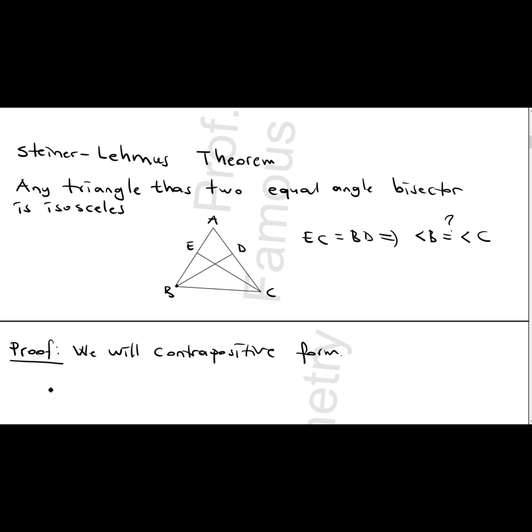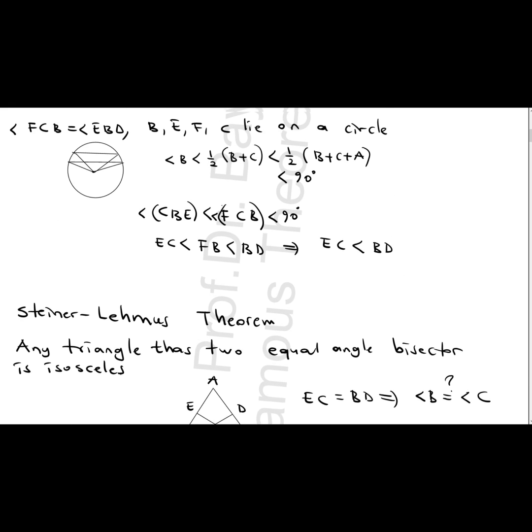It means if angle B is not equal to angle C, then EC is not equal to BD. But this one, we already showed, right?